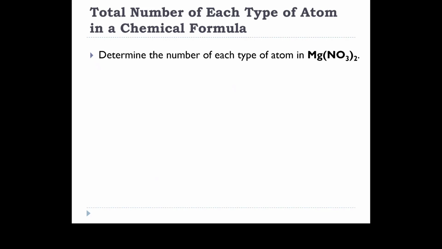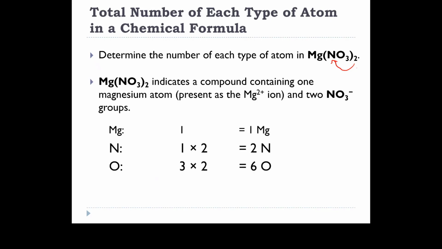Now, how many nitrogens do I have? There's 2 nitrates, and each nitrate has a single nitrogen in it, right? How many oxygens do I have? 6. Inside each one of these, there's 3 oxygens. There's 3, there's 3 more, right? So we got 1 magnesium, we got 2 nitrogens, we got 6 oxygens. You guys were able to tell me that. That's good.